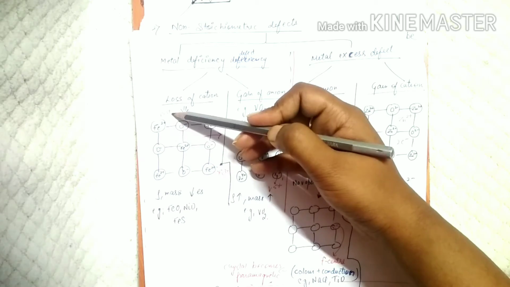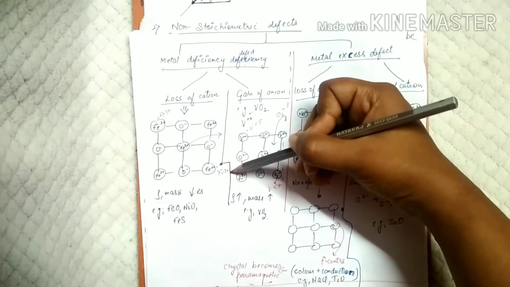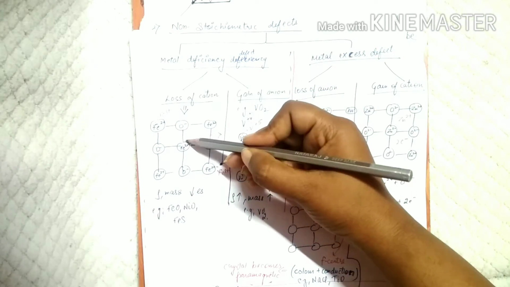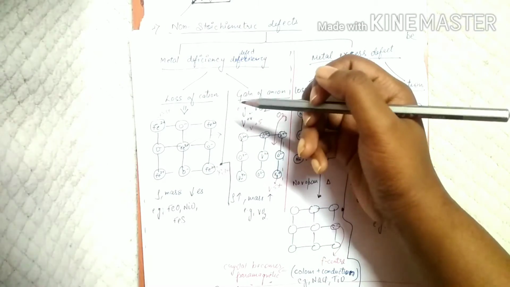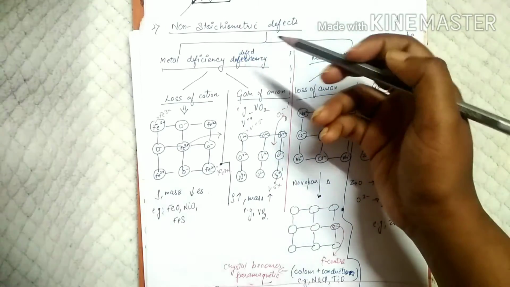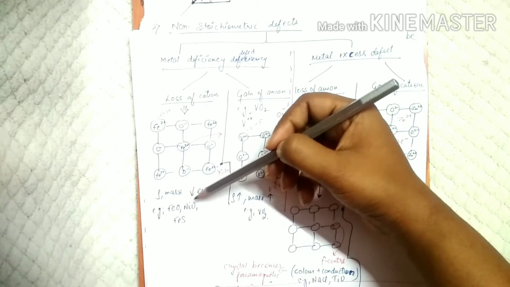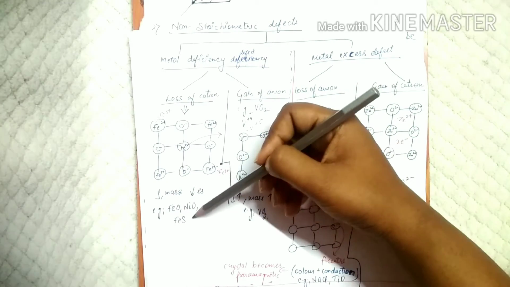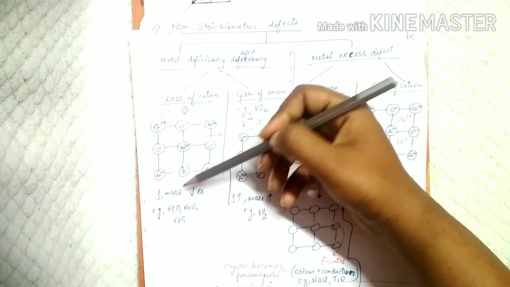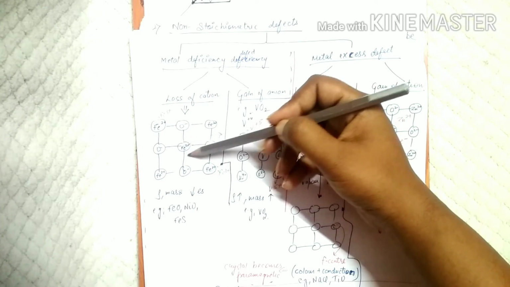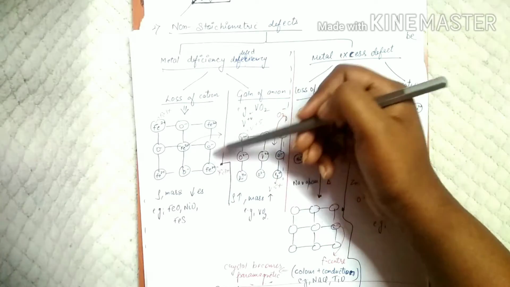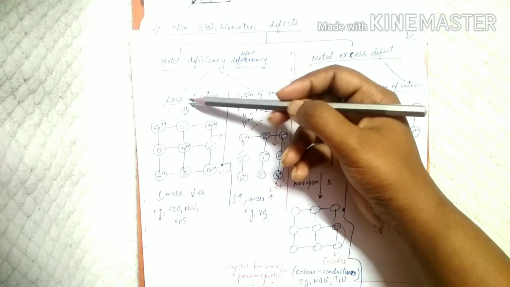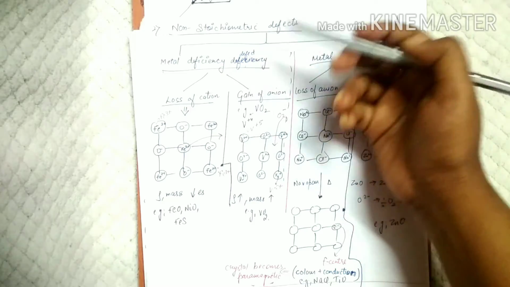This one is going to increase and this one is also going to increase, so that this +2 charge is compensated in the overall lattice. Examples are FeO, NiO, FeS. In this case, density is going to decrease because cations are escaping out, so the number of ions in the overall lattice decreases, and overall density decreases.